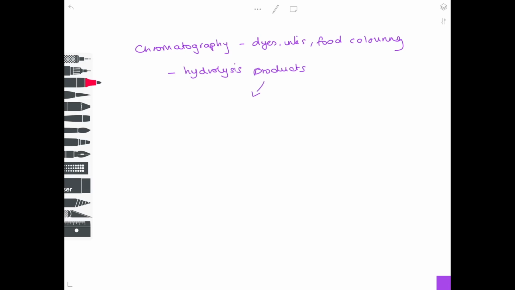We've already met chromatography earlier. Remember, it tends to be used as a separation technique to look at dyes and inks and food colourings. But we can also use it in this topic to look at the hydrolysis products of both carbohydrates and proteins.